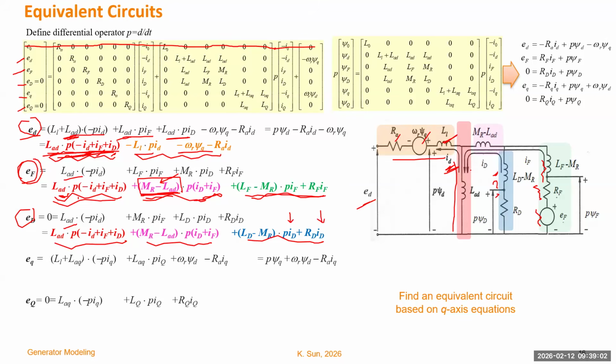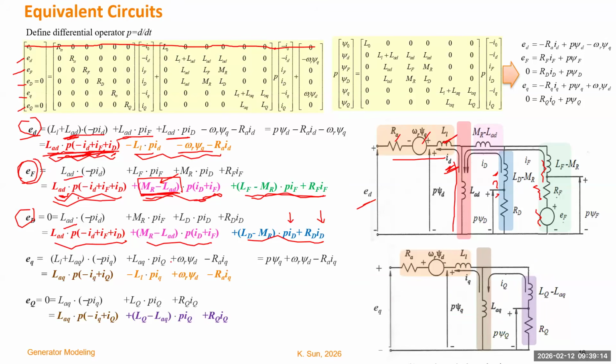Okay, so then we finish this circuit. We'll do a similar approach for the Q axis, and we'll be able to generate the second circuit. Compared to the original circuit, which has a 3-winding transformer in the D axis and a 2-winding transformer in the Q axis, right now we have 2 equivalent circuits, respectively from the D and Q axis, which are more convenient to use.